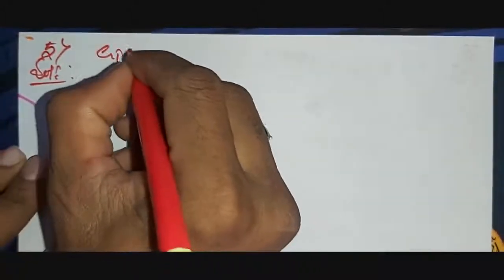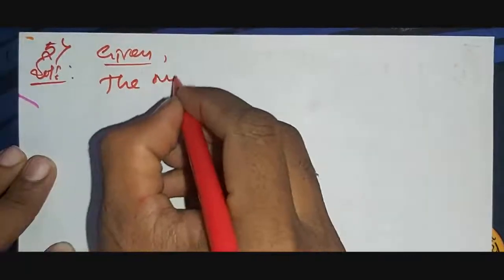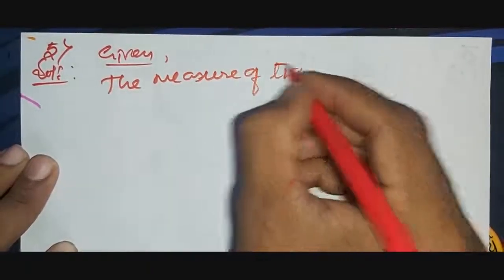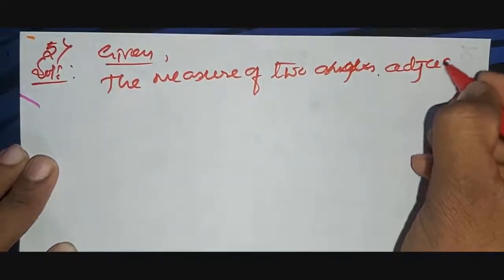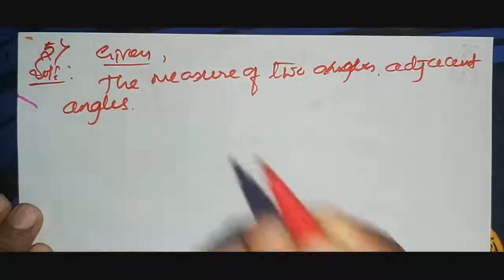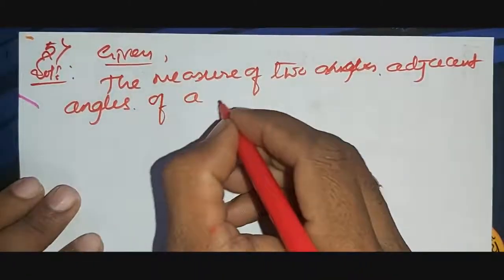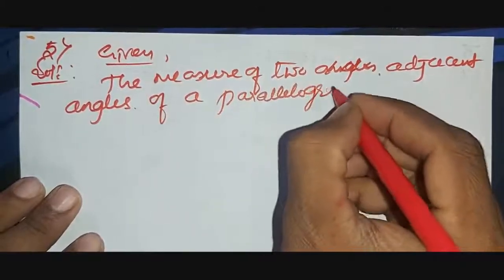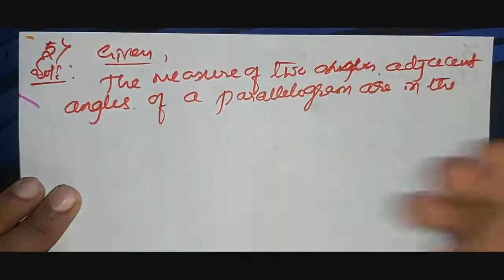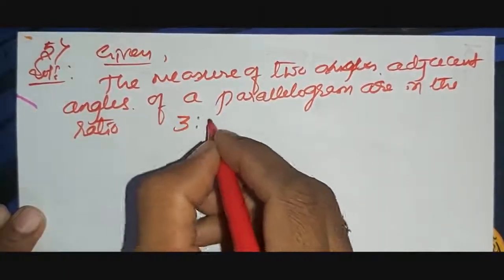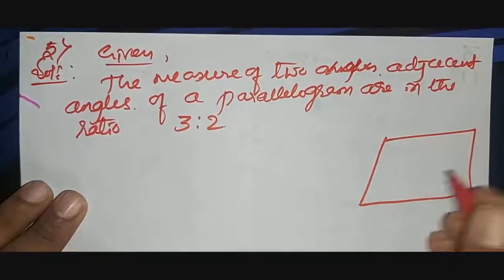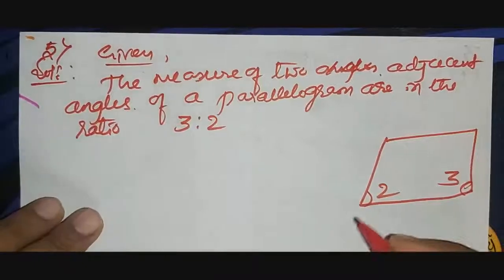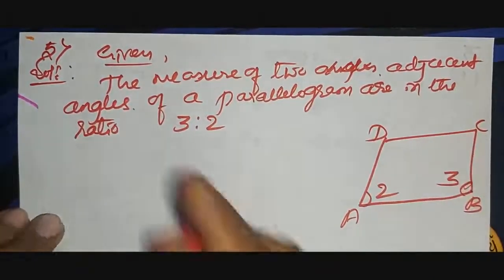Here we have the solution. Given the measure of two adjacent angles of a parallelogram are in the ratio 3:2. I will draw a parallelogram ABCD.